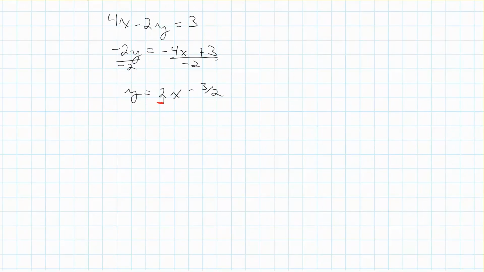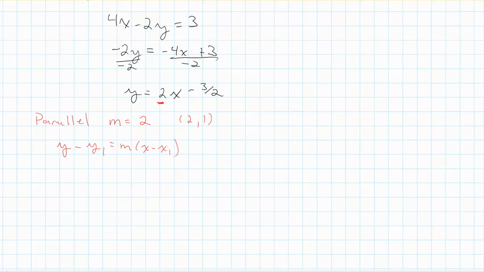Okay, now let's look at the parallel lines. We know that a parallel line is going to have the same slope, so my slope is 2. And I also know the problem tells me it goes through the point 2, 1. So now I just use my point slope form. y minus y1 is equal to m times x minus x1.